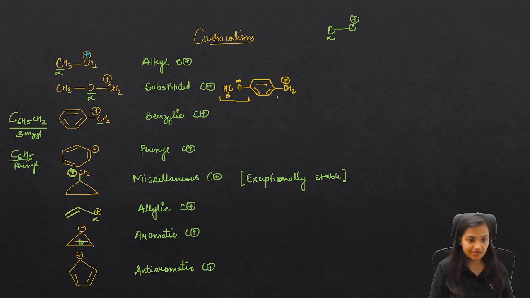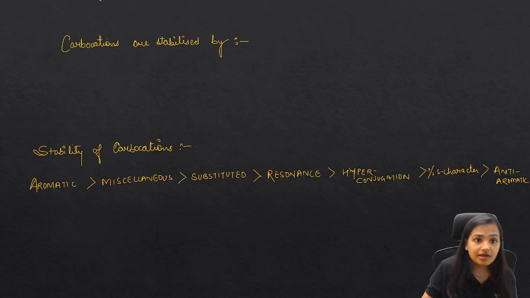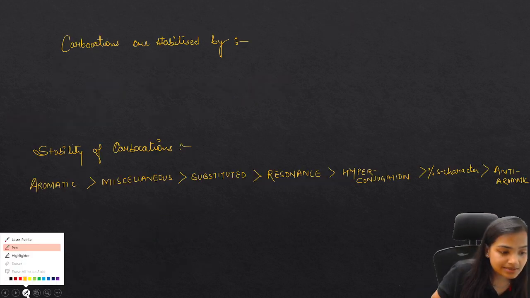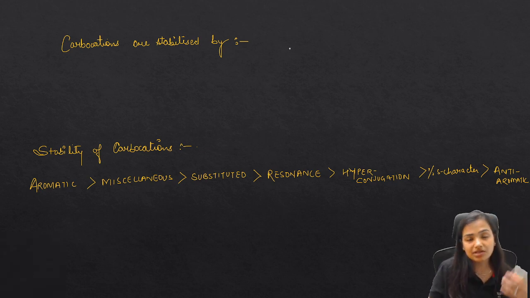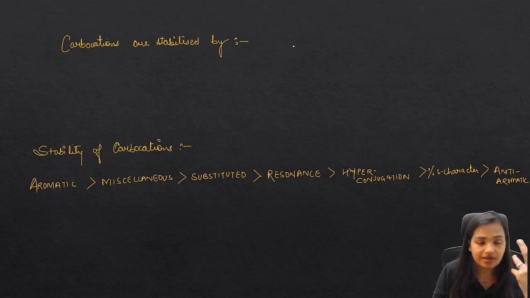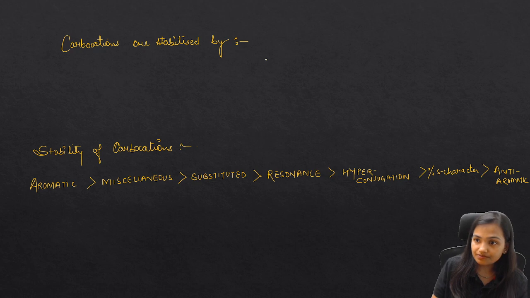Now the question is, okay, we understood what we can call them. Now how to understand what will be the stabilizing factor? Carbocations usually get stabilized by three things. Basically, you need to stabilize them.